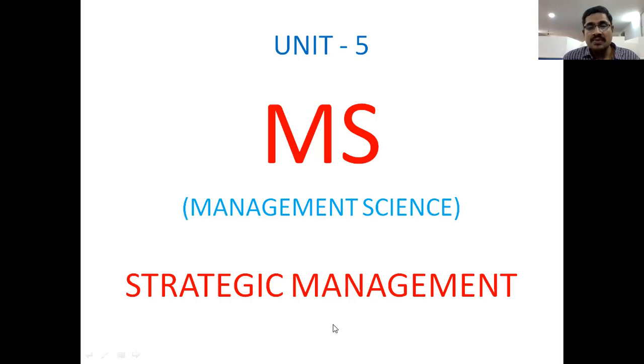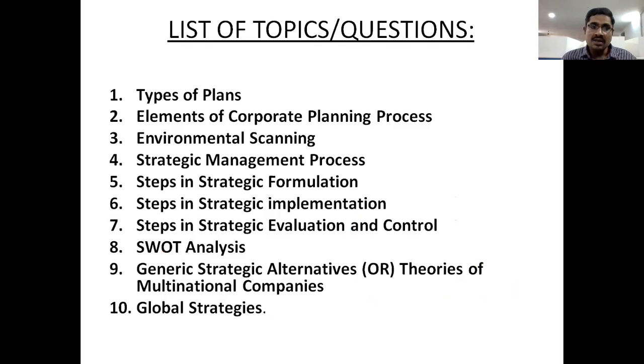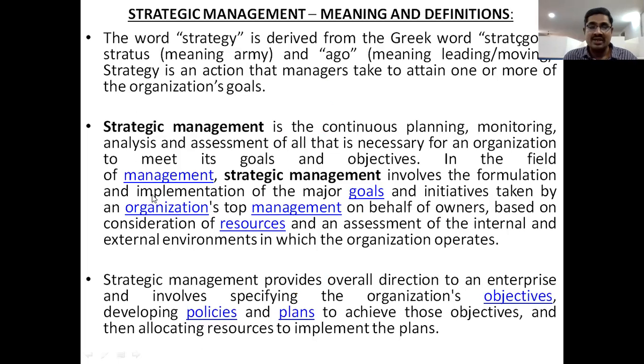So simply, strategic management is the long-term extraordinary superb plans for achieving the targets of the company, right? This is all about strategy and strategic management.